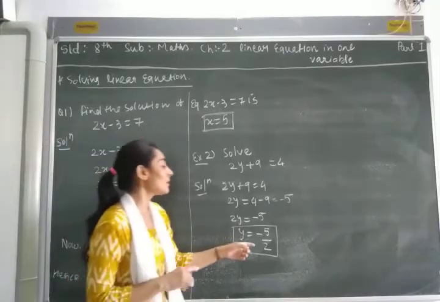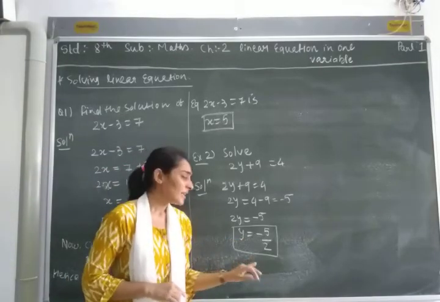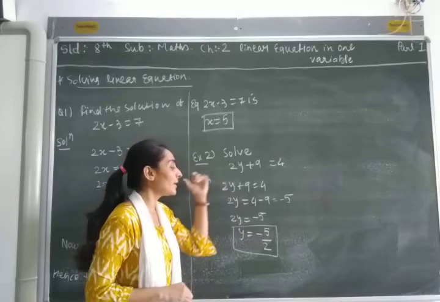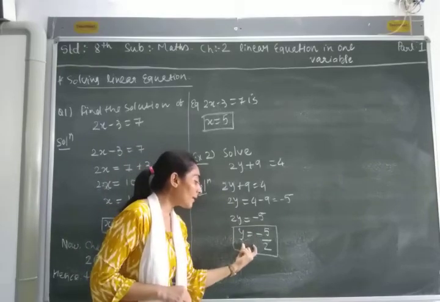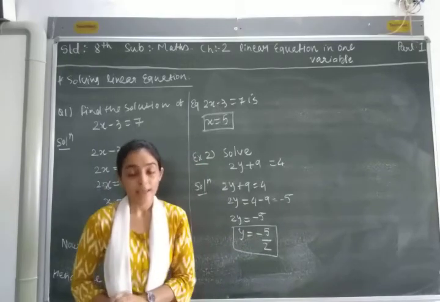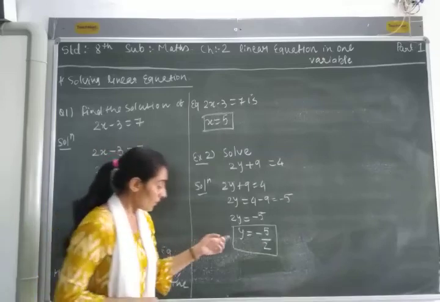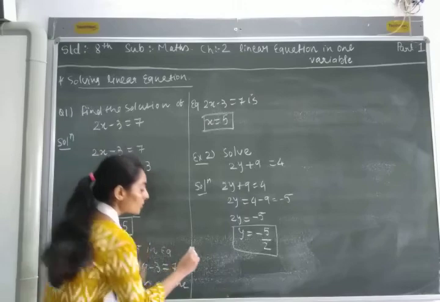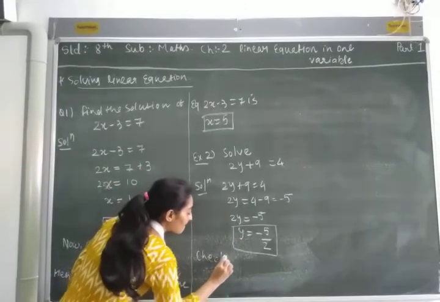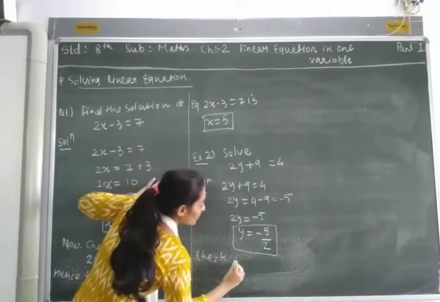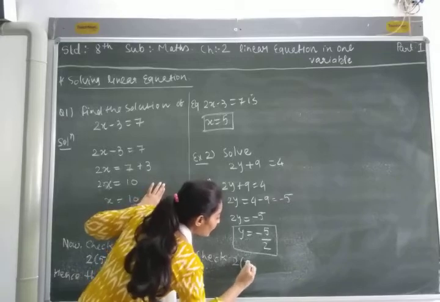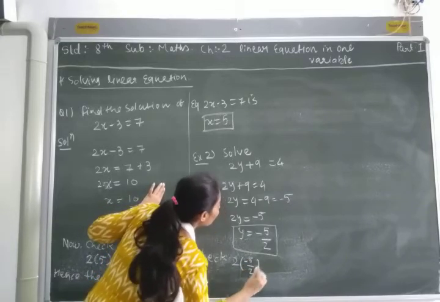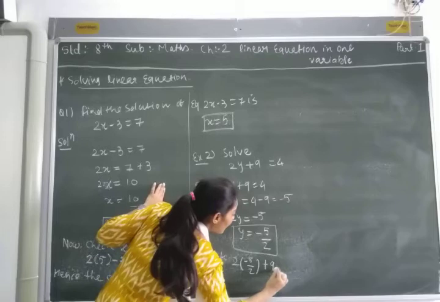Now replace this. There is no need to check here, because whatever you solve is the correct answer, as long as you did not make any mistake. That's why we are just checking. So 2 times minus 5 by 2 plus 9.